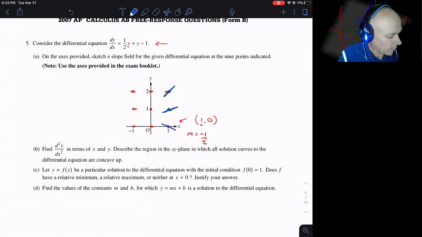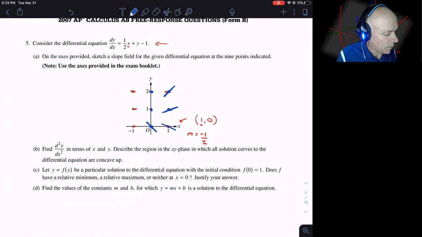Okay, move over here. All three of these points have an x coordinate of 0. For this point on the x-axis, its coordinates are the origin, 0, 0, so it's just going to have a slope of negative 1.